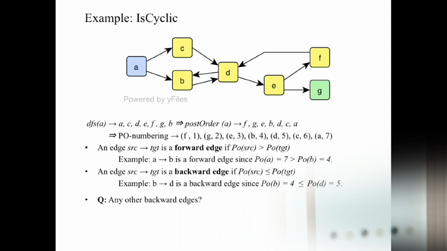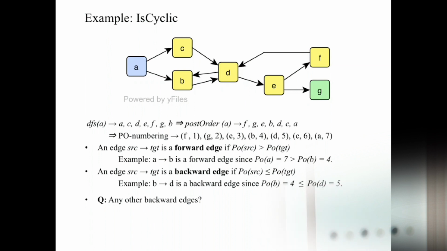Okay? For this, you need to define some theory, and the theory is: we call an edge a forward edge when the post order of the source is greater than the post order of its target.